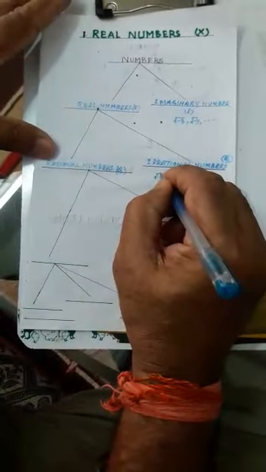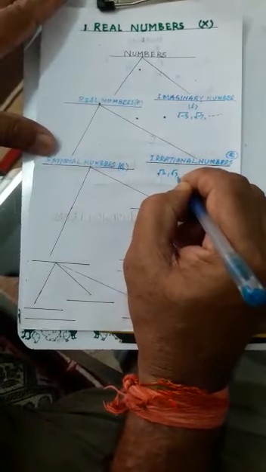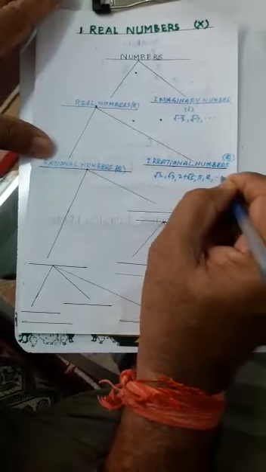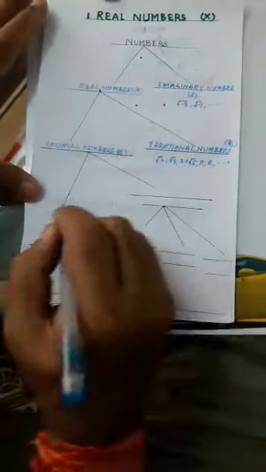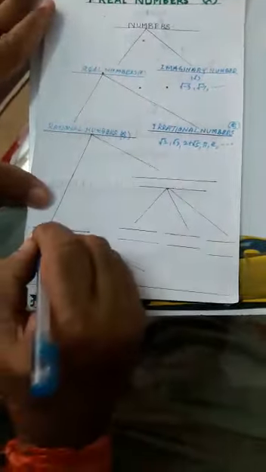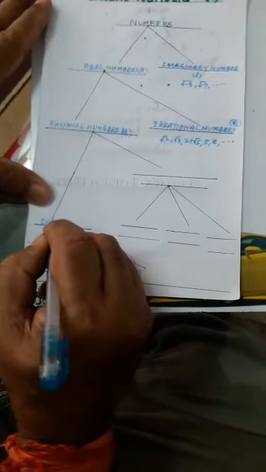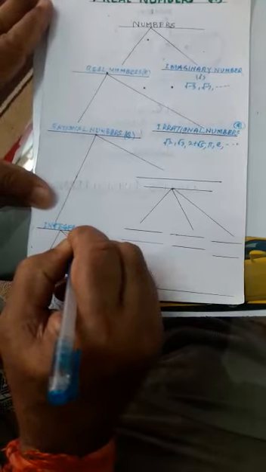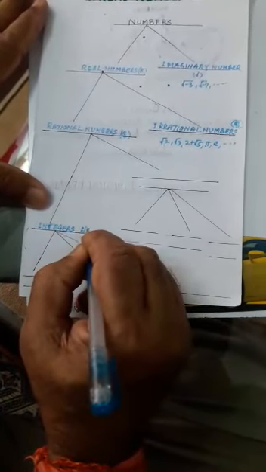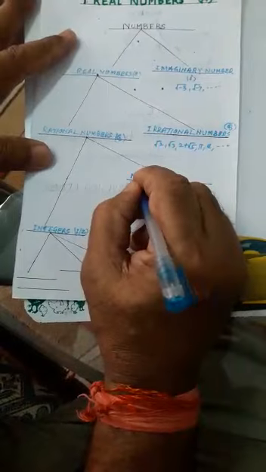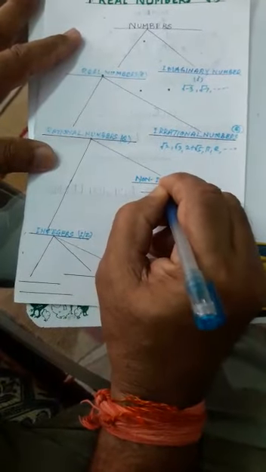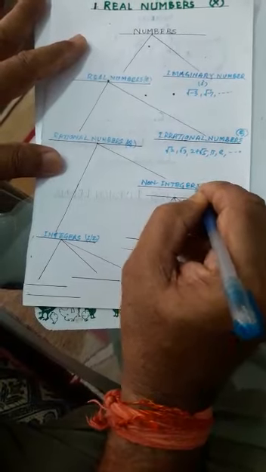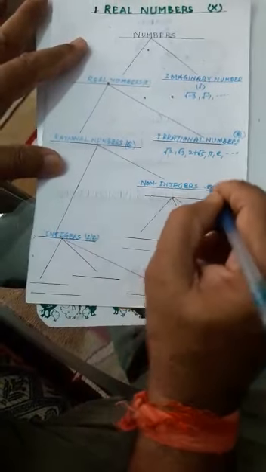I am giving a few examples of irrationals: root 2, root 3, 2 plus root 5, pi, e, and so on. Rational numbers are also of two types: integers, denoted by I or Z, and non-integers or fractions.